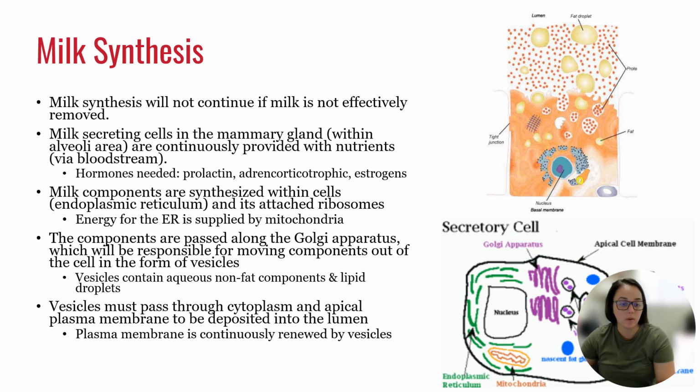Those milk components are synthesized within the cells, specifically within the endoplasmic reticulum and its attached ribosomes. The endoplasmic reticulum and the ribosomes get the energy from the mitochondria in order to start synthesizing those milk components that are coming from the nutrients within the bloodstream.